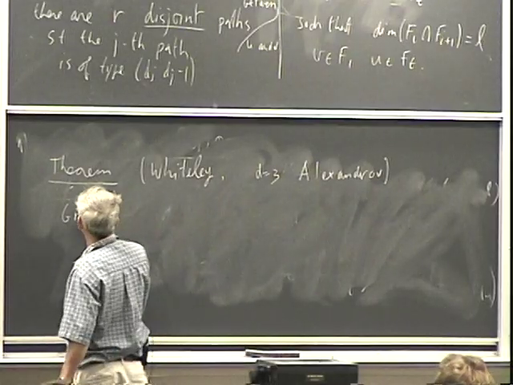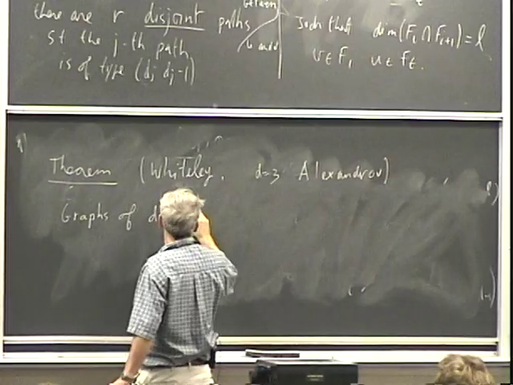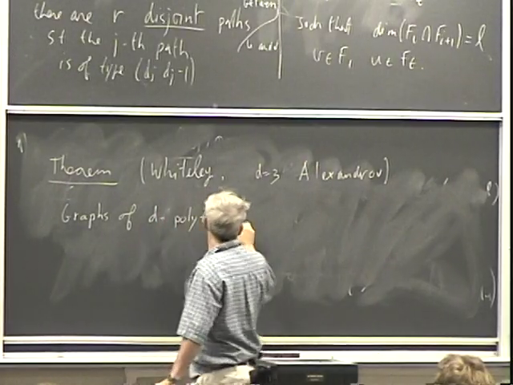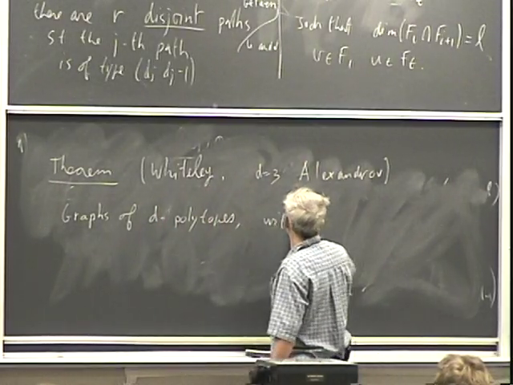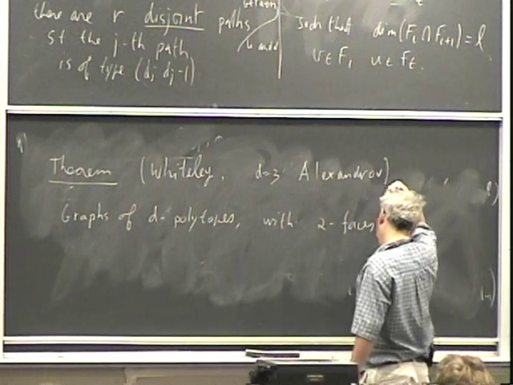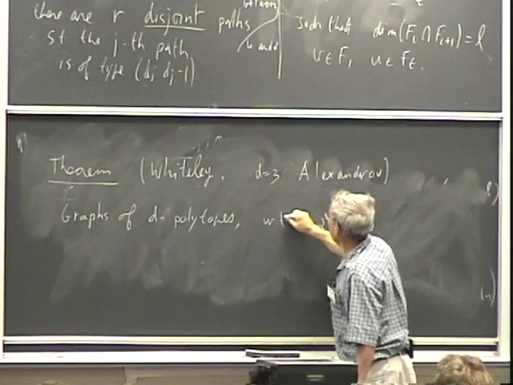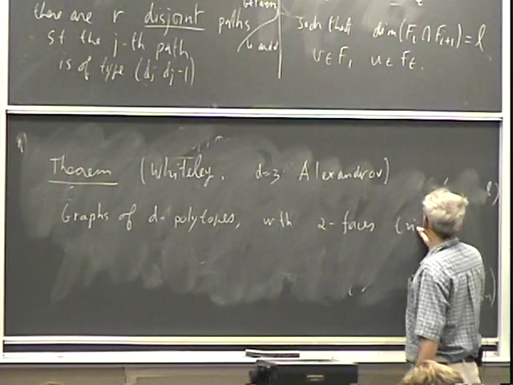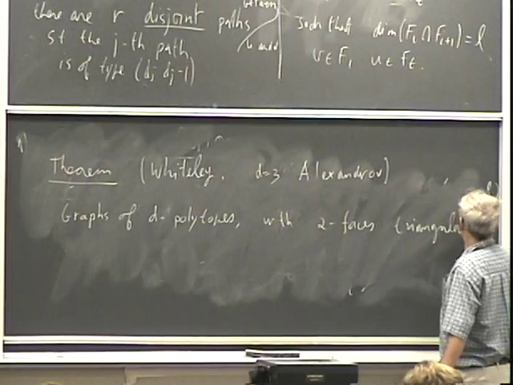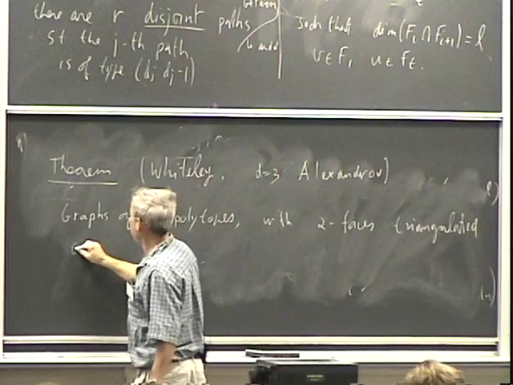Graphs of D polytopes with two faces triangulated are rigid.